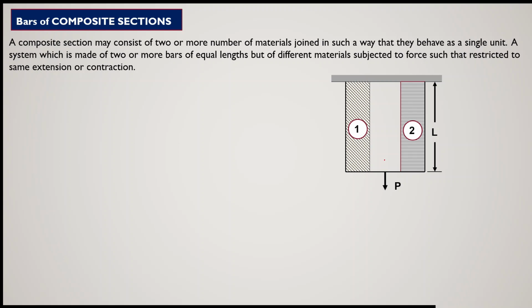So the extension allowed is the same, the strain is the same, and the stress may differ. If load P is applied, then to keep the system in equilibrium, member 1 and member 2 will share the load such that the total load shared by both is equal to P.